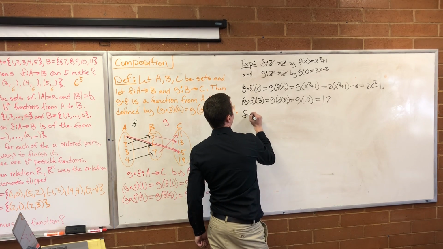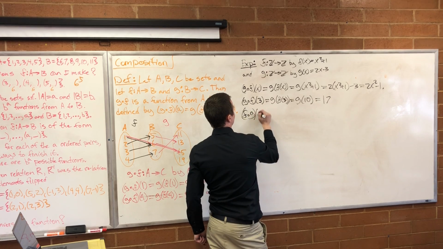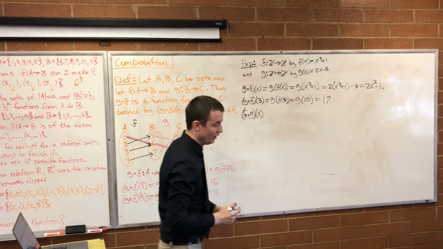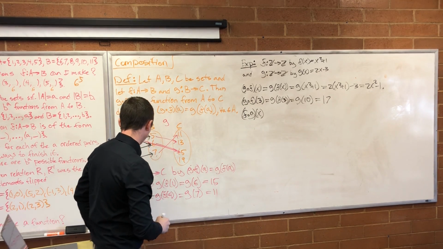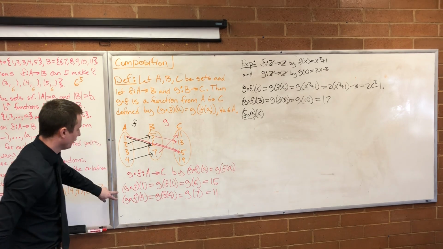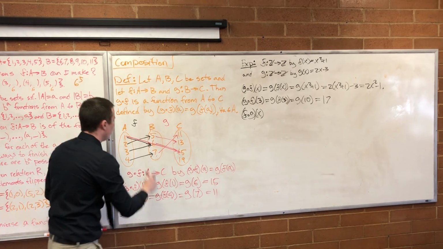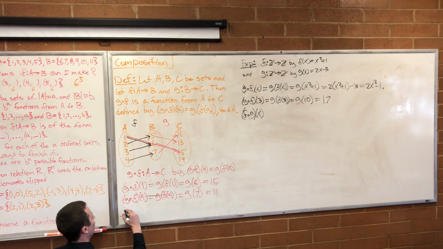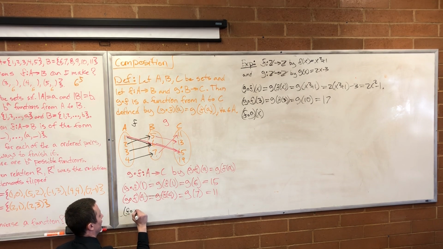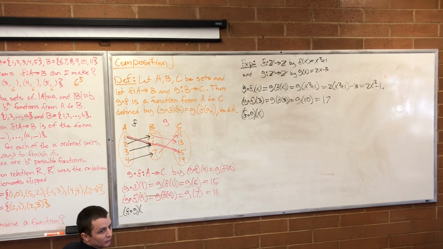What is f composed with g of x? Let's go back and look at this one real quick. Over here we wrote g composed with f of x. When we're looking at this picture, what is f composed with g of x? What's f composed with g of 1, for example?